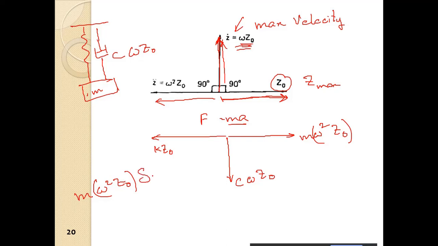So we can write sine omega t. This is the inertial force at any time. And k z naught will be in the opposite direction, sine of omega t plus pi.